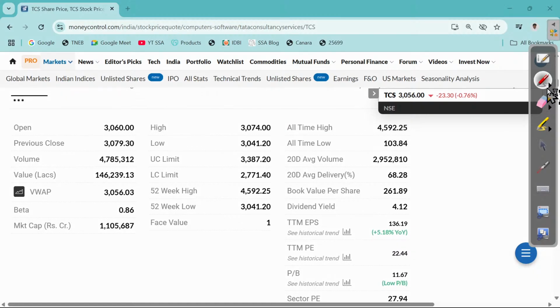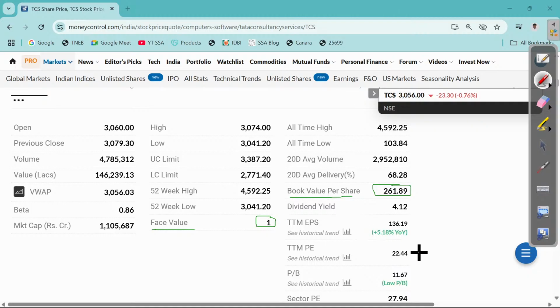Now, see here, book value per share is 261.989. Face value per share is just 1 rupee. Dividend declared.